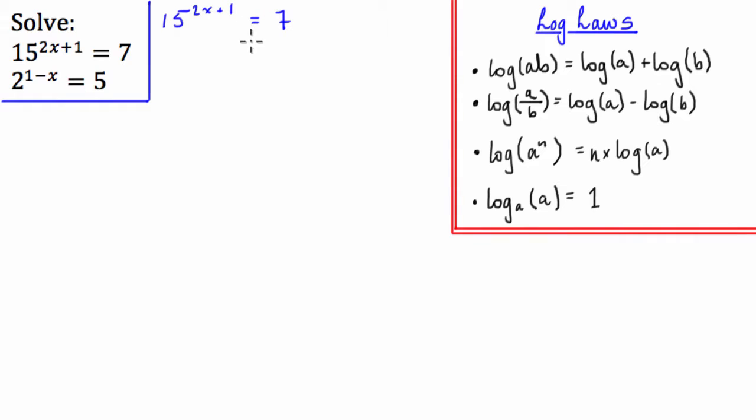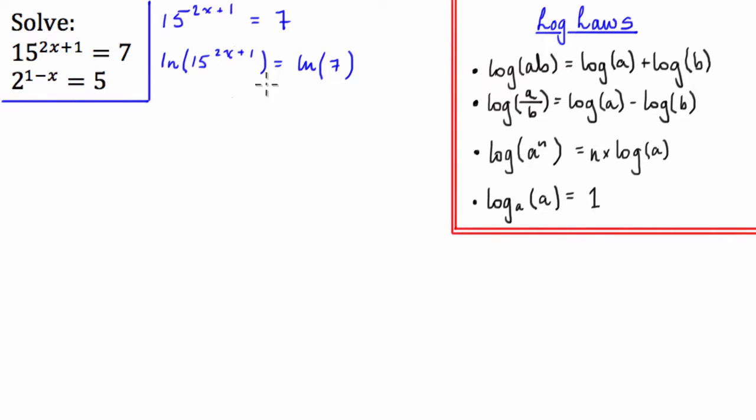From here, I'm going to take the natural logarithm of both sides. The reason I take the natural logarithm is purely because it doesn't take as long to write as the regular one. So the natural log of 15 to the 2x plus 1 is equal to the natural log of 7.